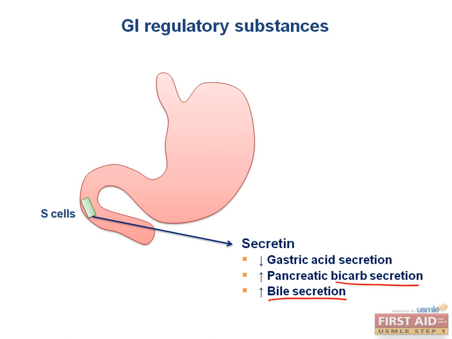This is important because the bicarbonate increases the pH in the duodenum so that the pancreatic enzymes can function. In addition to this local effect of increasing the pH, secretin also heads to the source in the stomach and reduces gastric acid secretion. Secretin is triggered by low pH and fatty acids.